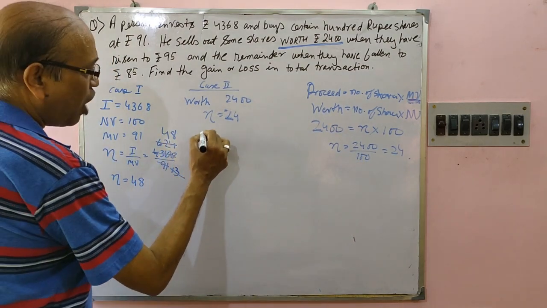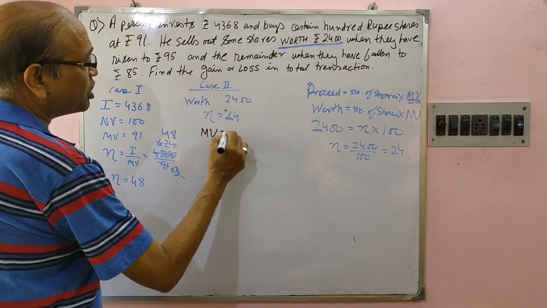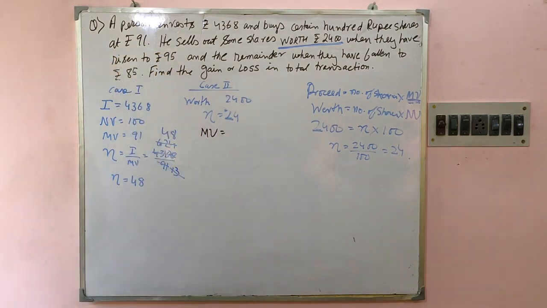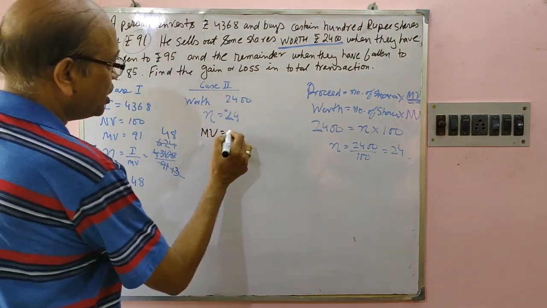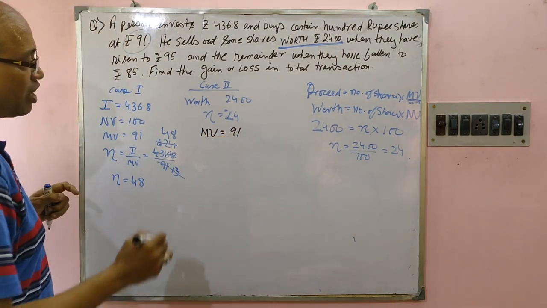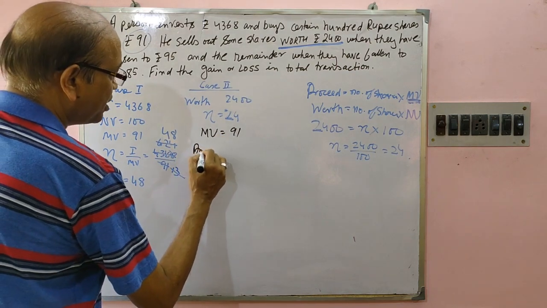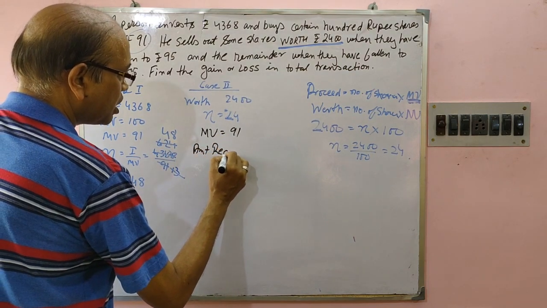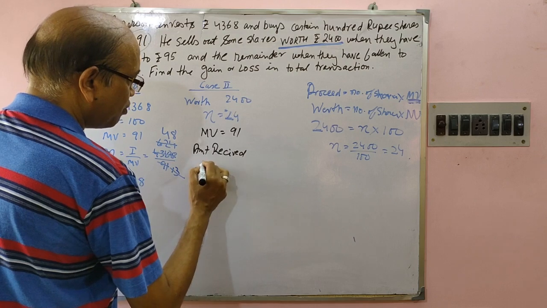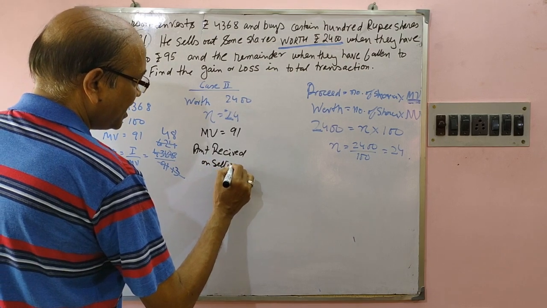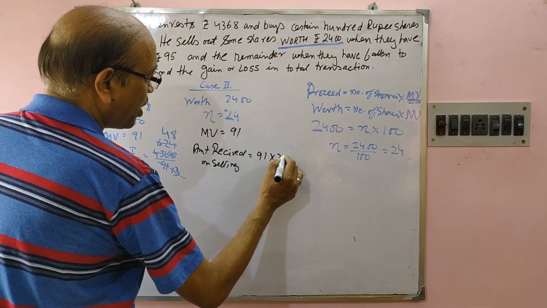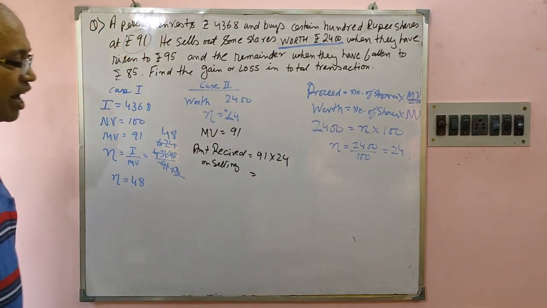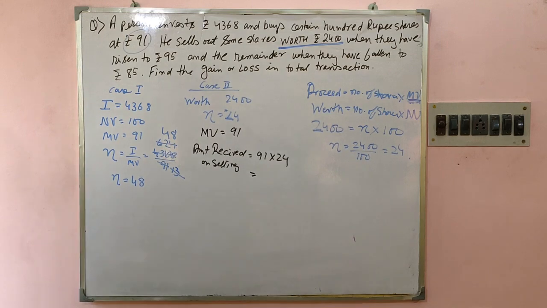Now he has sold this when the market value has come to 91. So what is the amount received? Amount received on selling is 91 into 24.